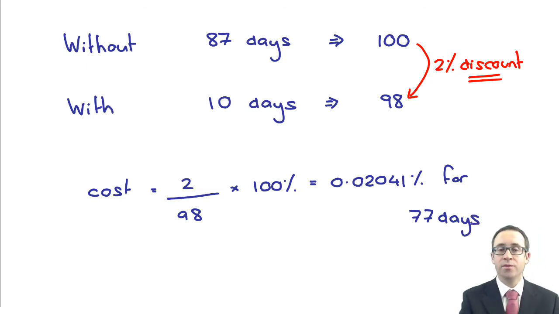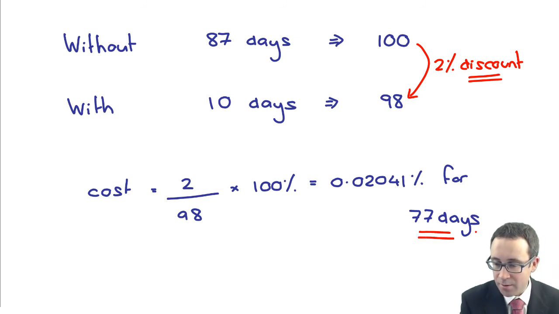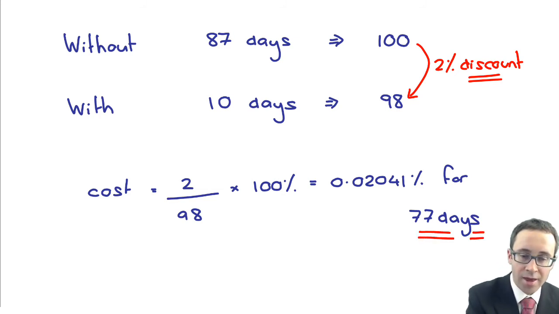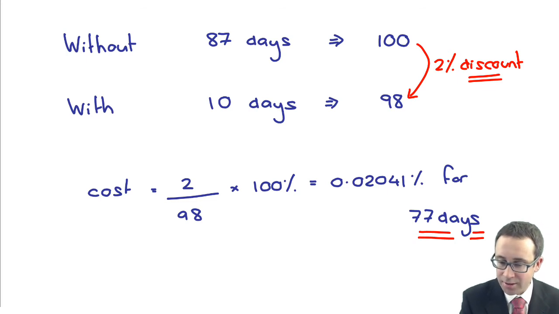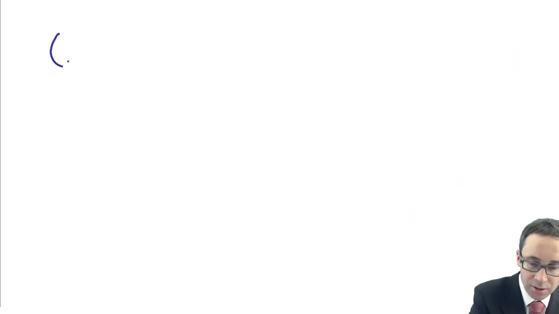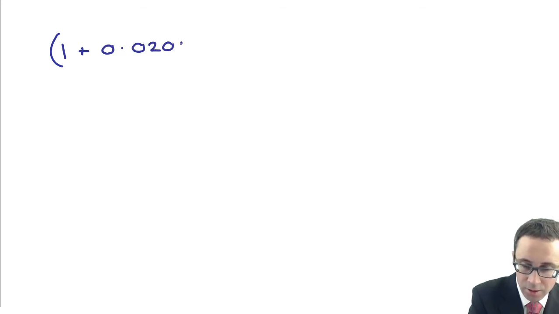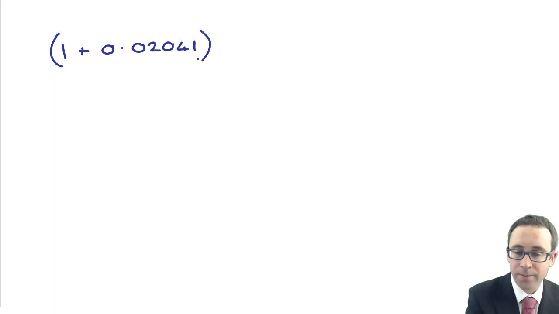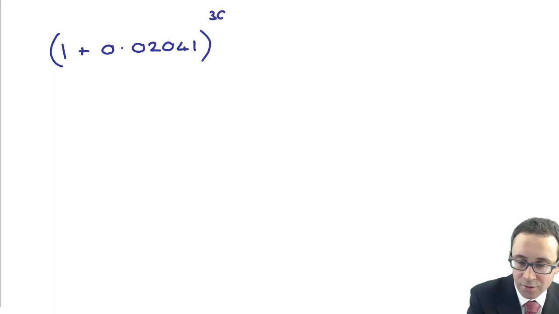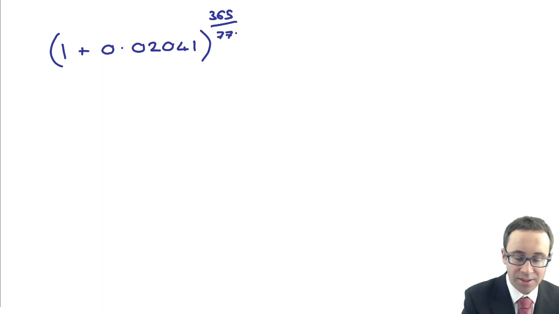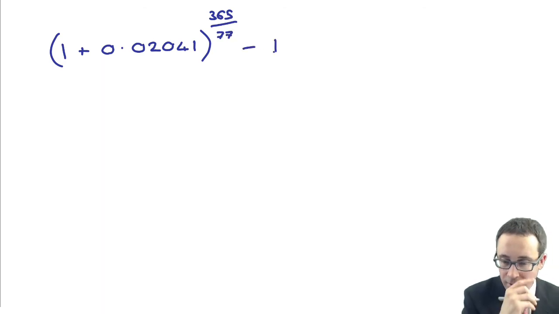Now that's for a 77-day period. We need to annualize that cost. So we do 1 plus 0.02041, to the power of 365 over 77, and deduct the 1.